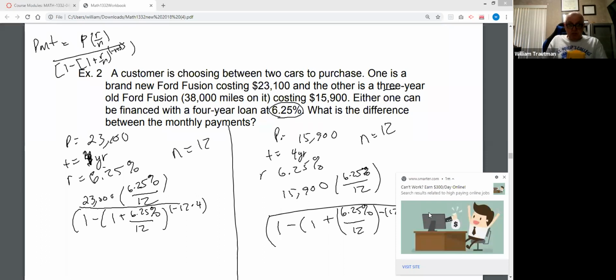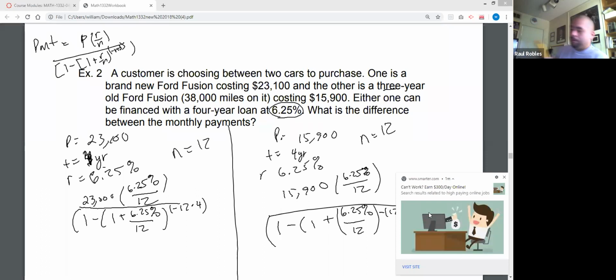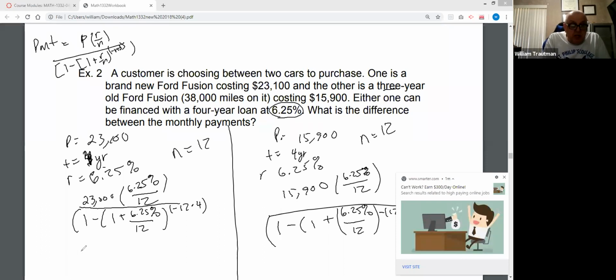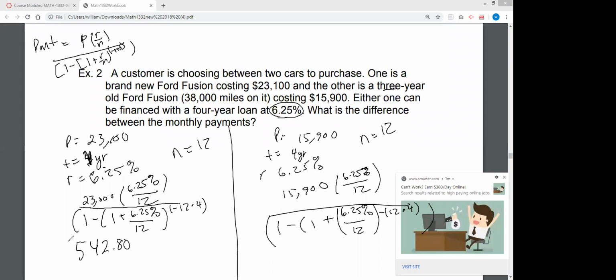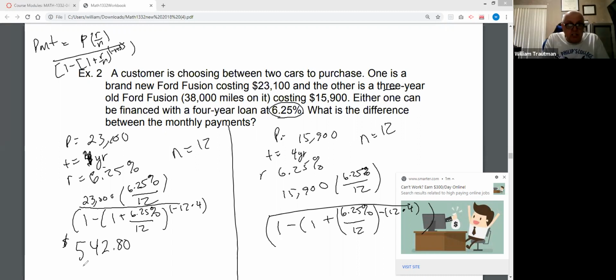There's one parentheses. 542 with 80 cents. Anybody else get that? For the 23,000, I got 545.16. Uh-oh, we got a different answer.